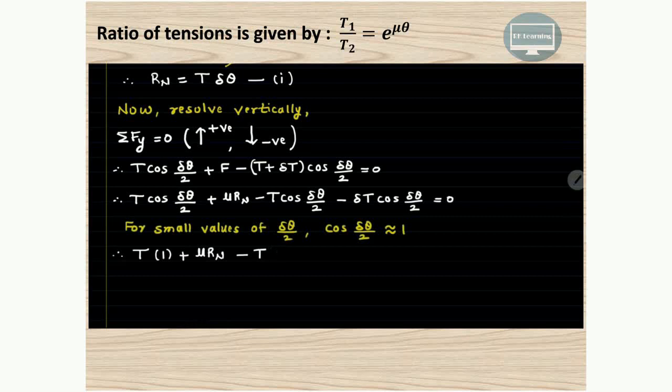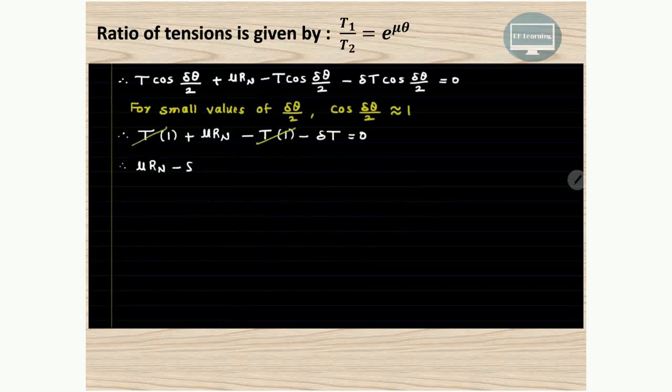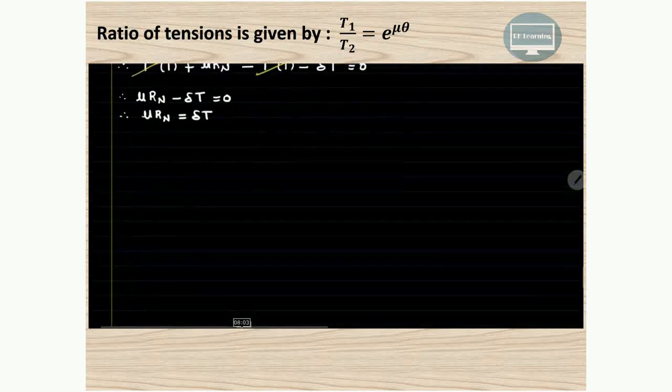Now for small values of delta theta by 2, cos delta theta by 2 is 1. So in place of cos delta theta by 2, substitute 1 in the above equation. Now cancel out this T. So therefore we can say that mu Rn minus delta T is equal to 0, or mu Rn is equal to delta T.